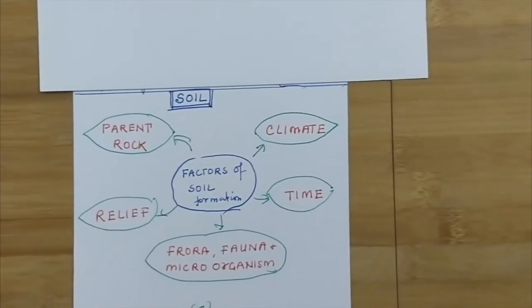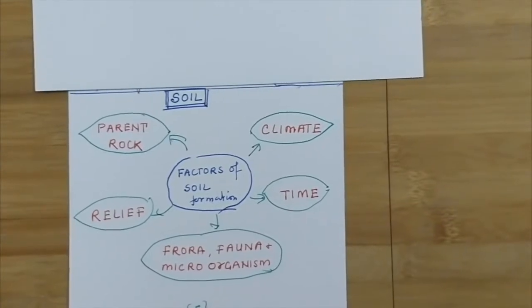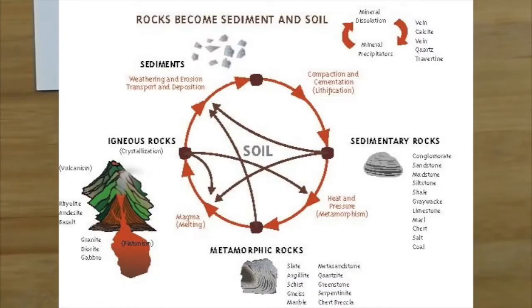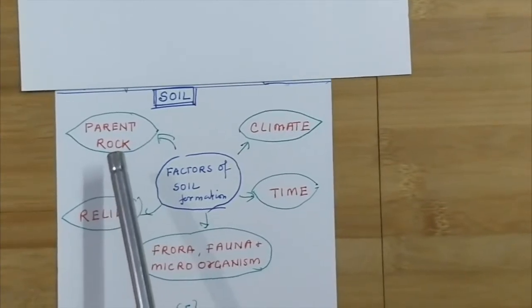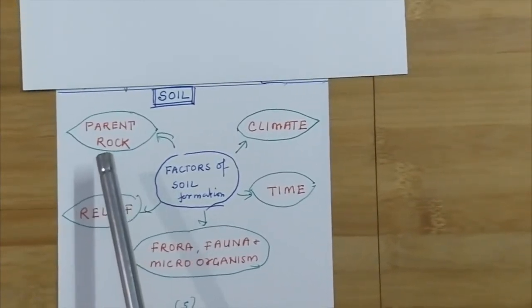First of all, we'll take up soil and factors of its formation. The major factors of soil formation are, first, the parent rock, which determines the color, texture, chemical properties, mineral content, permeability. Now we can relate this to mankind.